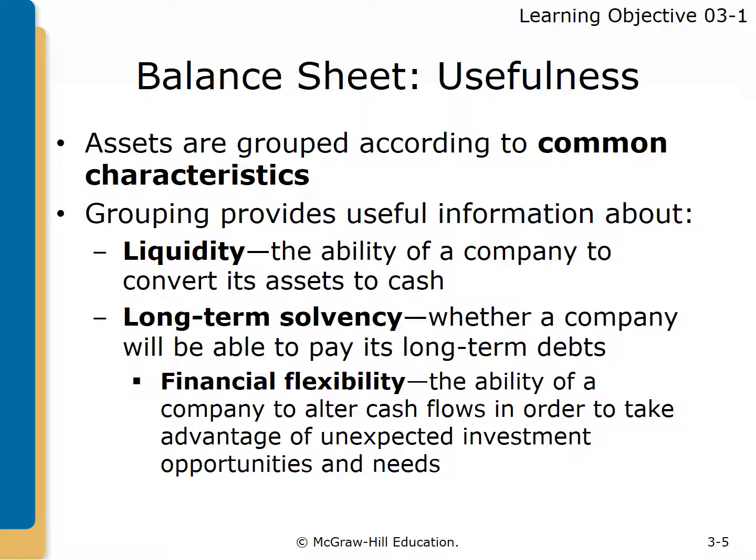So the balance sheet reporting the information about the assets and liabilities helps a decision maker determine these things. Grouping them together by common characteristics improves the ability to determine liquidity and long-term solvency of the company.